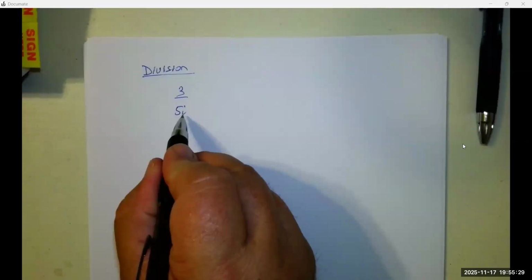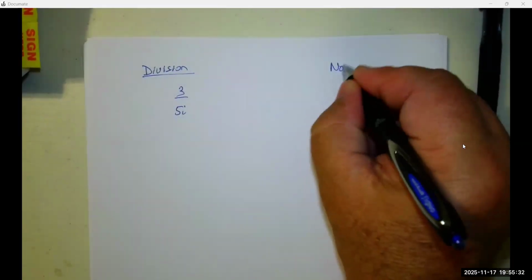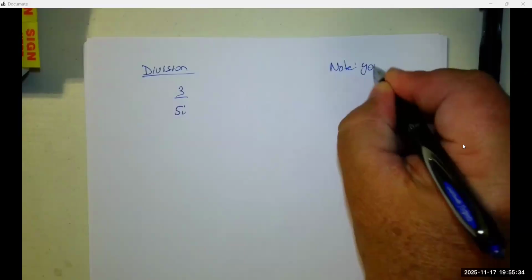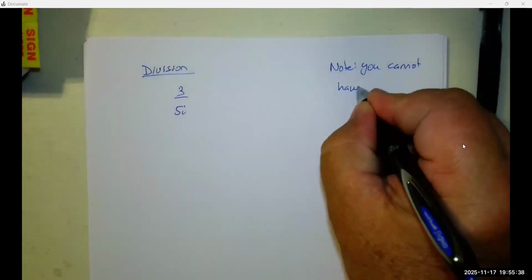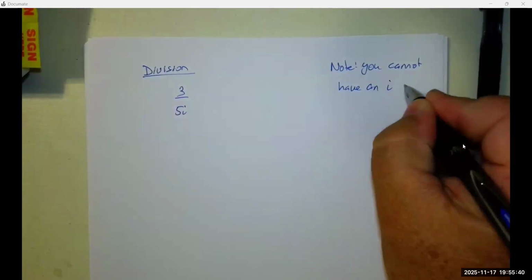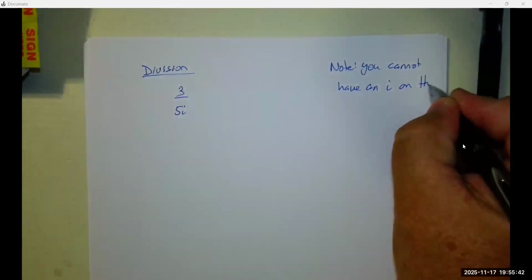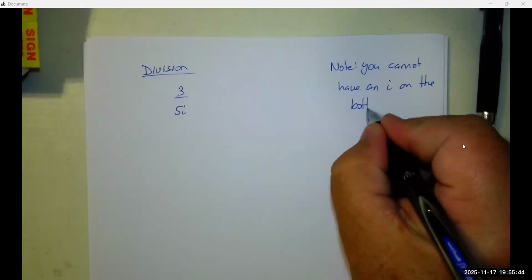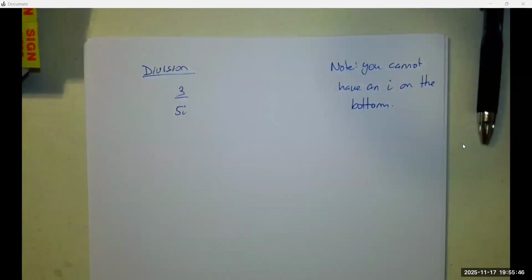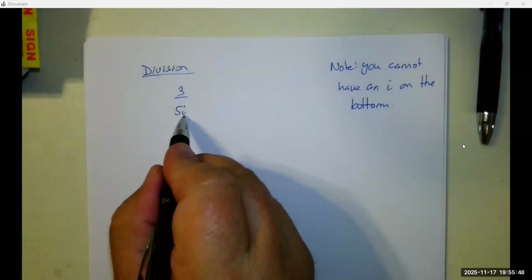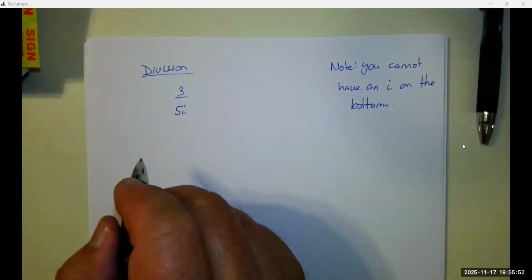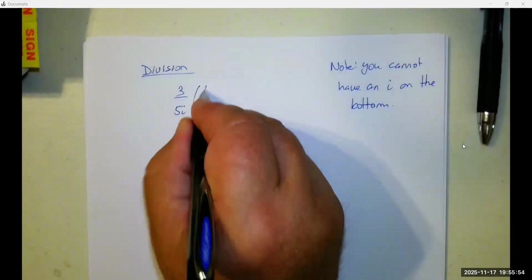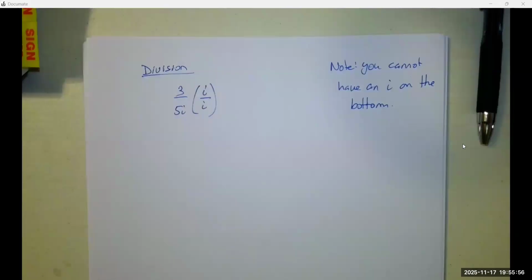Here's the note: you cannot have an i on the bottom. So we have to get rid of the i on the bottom. Since it's a monomial, a single term, to get rid of that i, we multiply the top and bottom by i.